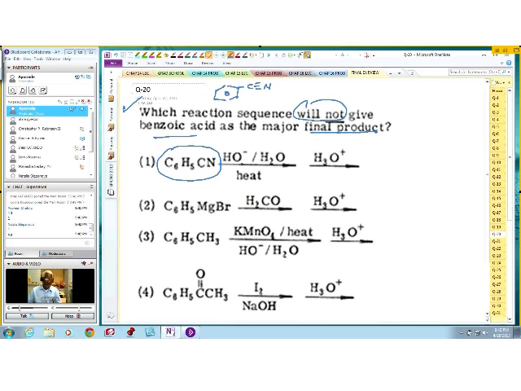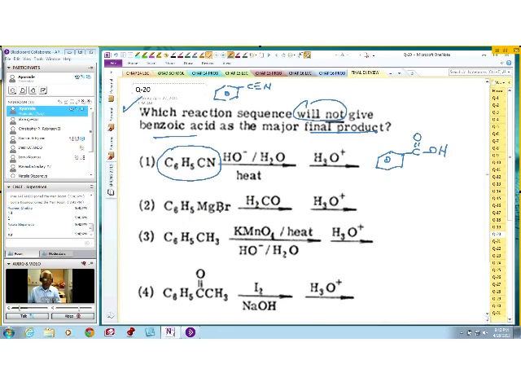Okay, this will be yes. This is because you could hydrolyze a nitrile to a carboxylic acid either under basic condition or acidic condition to get the benzoic acid. So this will not be the correct answer here because this will give you a benzoic acid. However, this sequence, number 2.